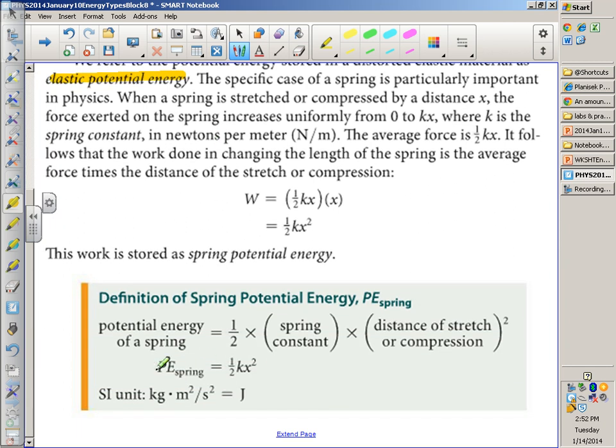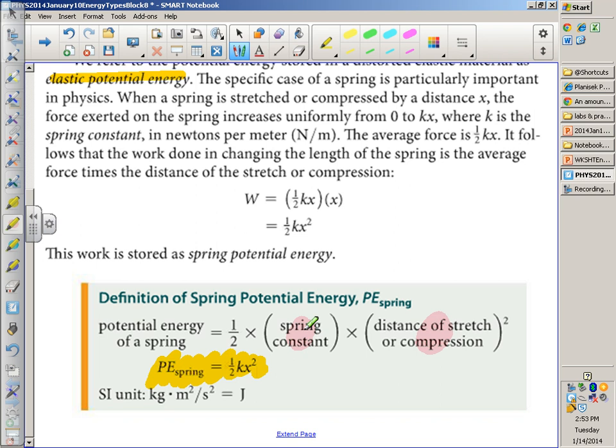The amount of elastic potential energy in an object is affected by 2 factors. It's affected by how far we stretch that object. Also could be compression. If we talk about a spring in a dart gun, you crunch the spring down. But it's also affected by a factor that we call the spring constant. The spring constant is a property of the material that we are stretching or compressing.